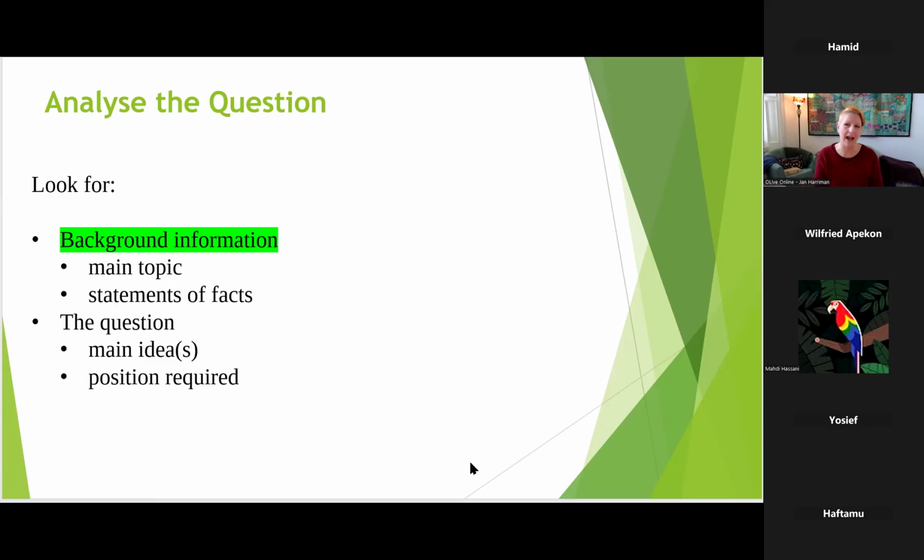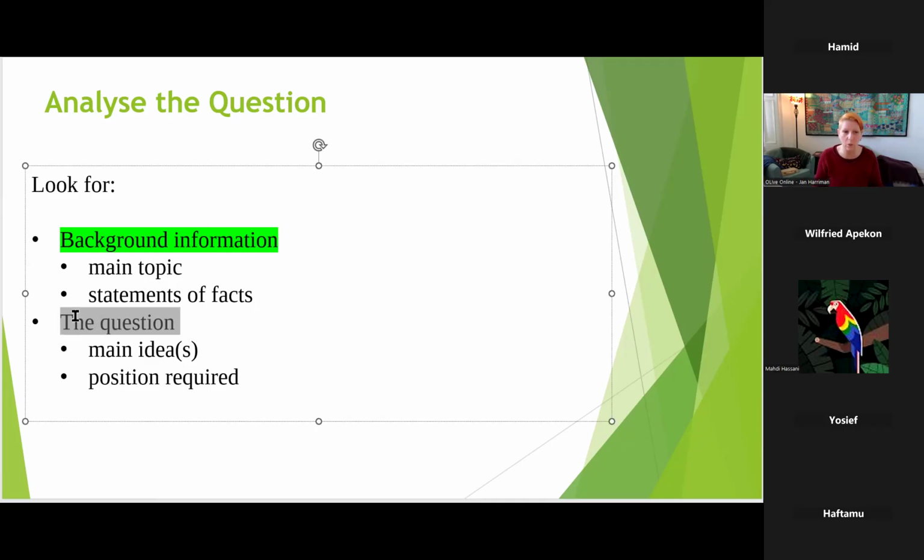It's stated as fact. So anything in the question that is stated as fact is background information. So will we be discussing anything that's stated as a fact? Probably not. Okay. It will be statements of facts.